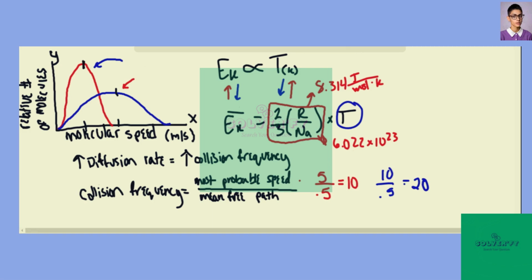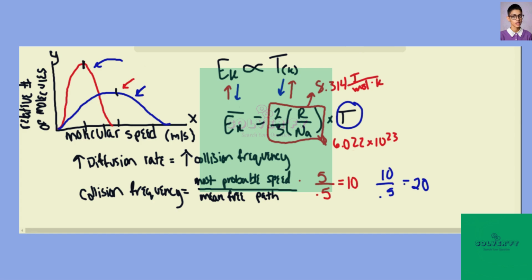If we take those back to the original equation, most probable speed divided by mean free path gives us collision frequency, and a higher collision frequency gives us a higher diffusion rate. So the answer is we would expect our blue curve to give us a higher diffusion rate.